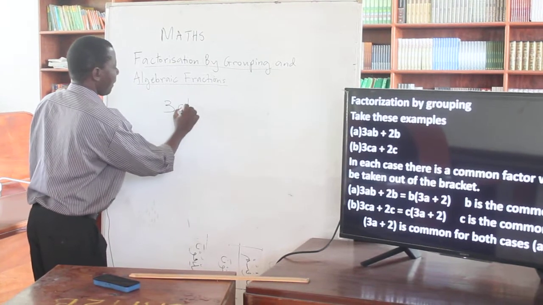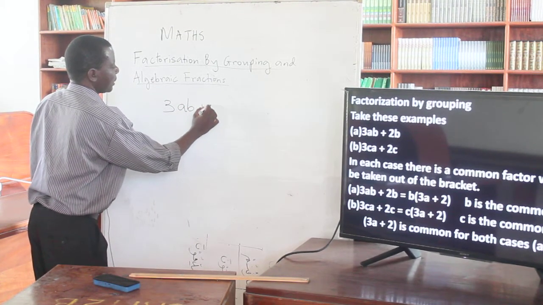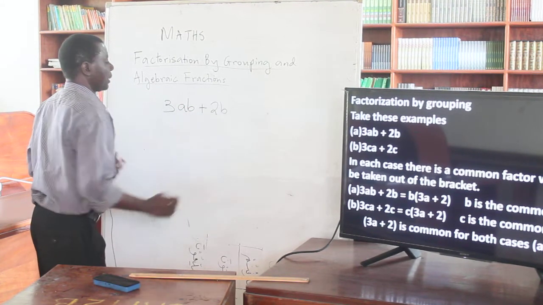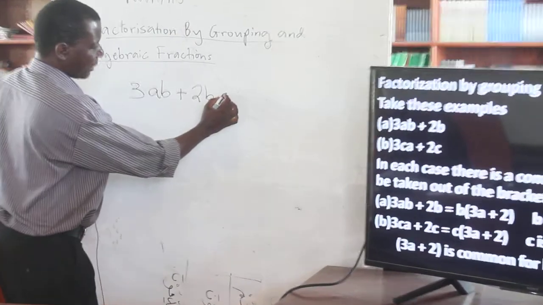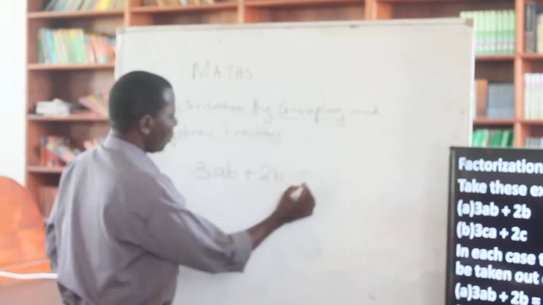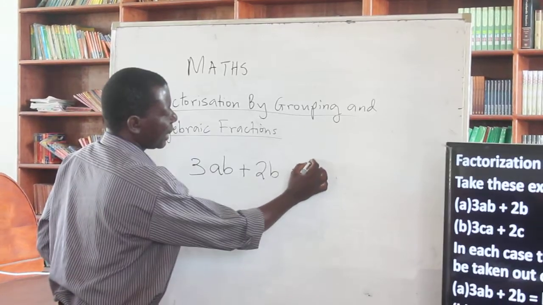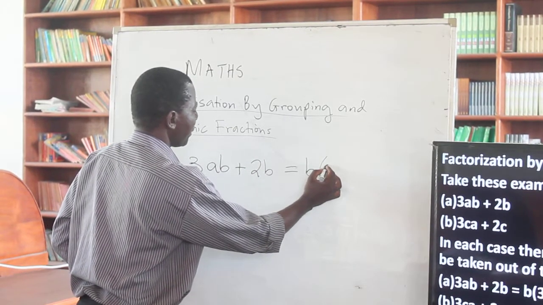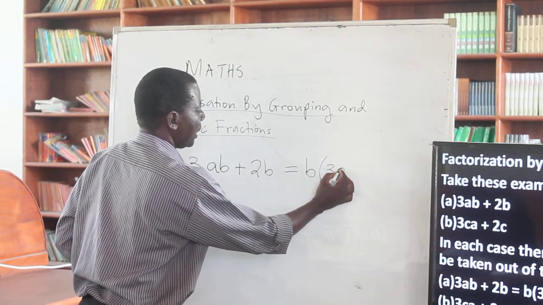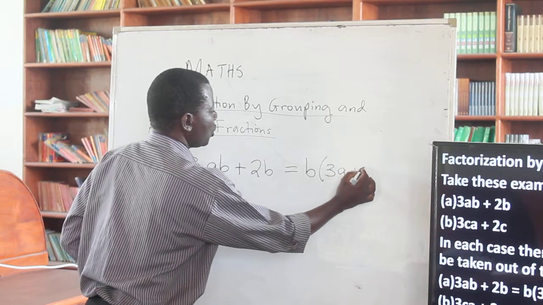The common term is b. So we can create a bracket which we are calling factorization by taking the common term, b, outside the bracket, and inside the bracket we remain with 3a plus 2.